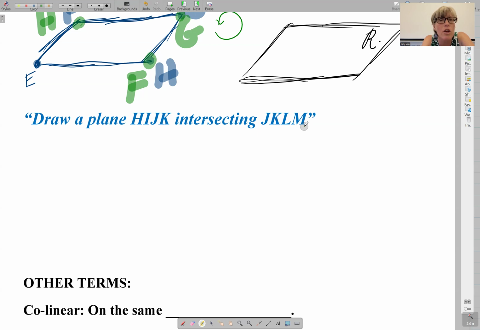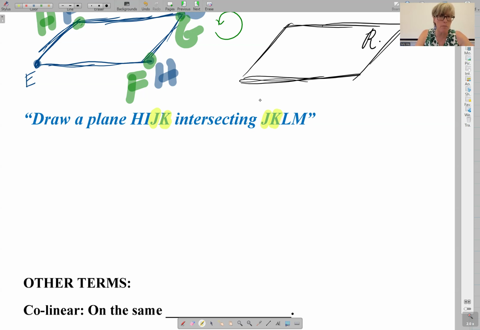Look and ask yourself, what letters are repeated here? So there's a K here, a K there. There's a J here and a J there. Repeat after me. Same letter, same point.